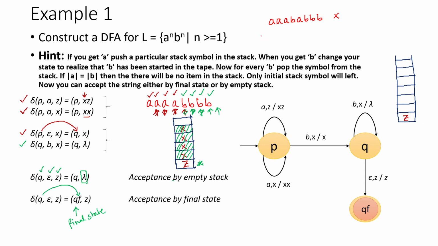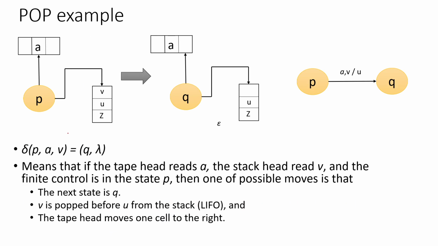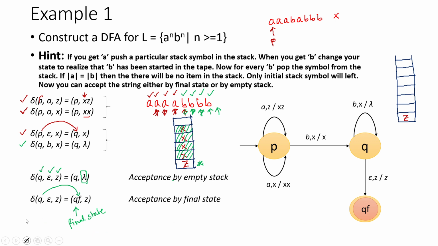So you are here, in P. The initial state is P. So if you are in P, if you get A and your top of the stack is Z, that means P A Z gives P X Z, right? So that means an X will be stored. Fine. So your read head will change from here to here.